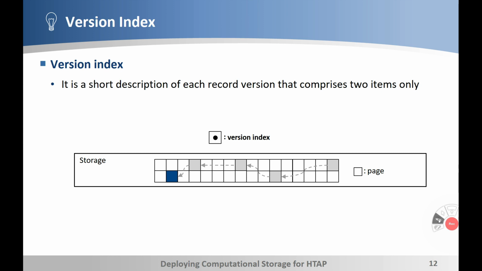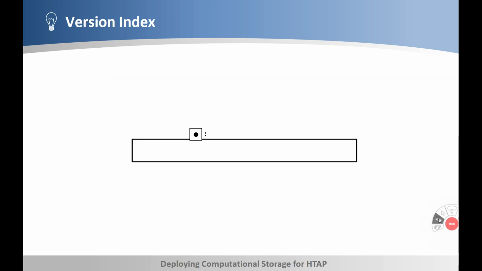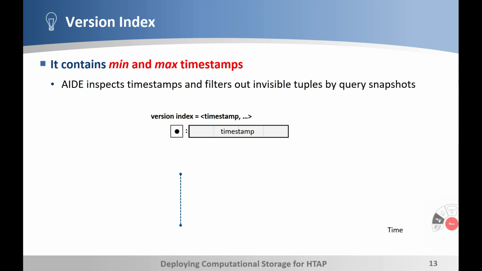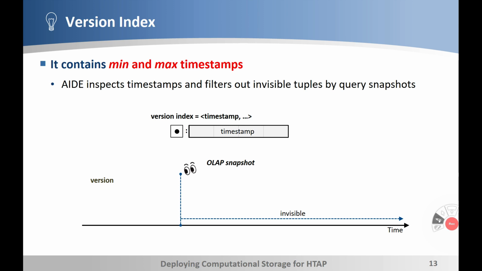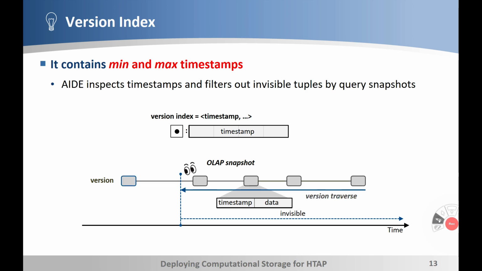In AID, every likely version has a corresponding version index. It's a short description of each likely version and comprises 2 items only. First, it contains min and max timestamps that define the transaction's lifetime. AID inspects timestamps and filters out tuples invisible to analytics by query snapshot.